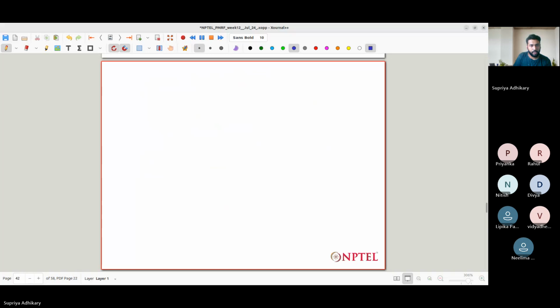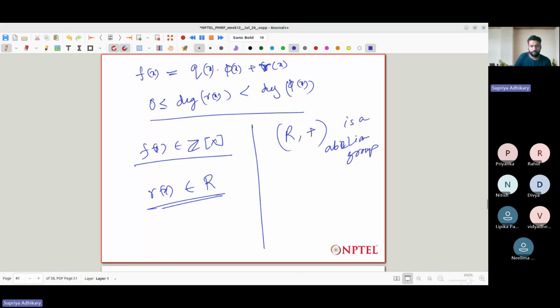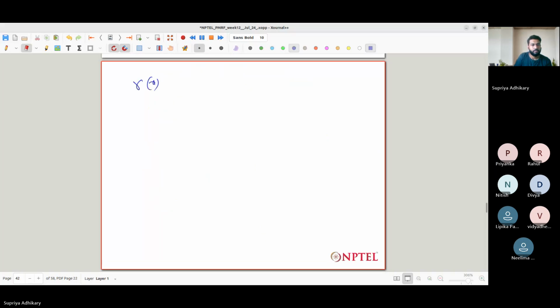Now, if we consider in R this polynomial r(x), then the GCD of r(x) and phi of x has to be 1.